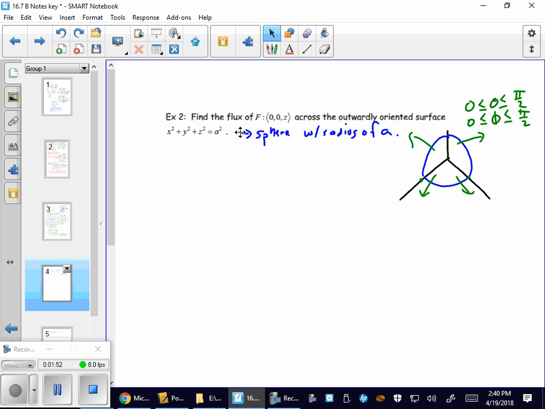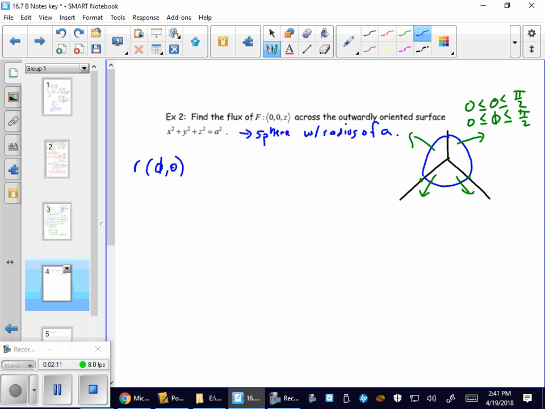And what we know is that this is going to be some kind of a function of theta and phi. So we'll write our function in terms of phi and theta.